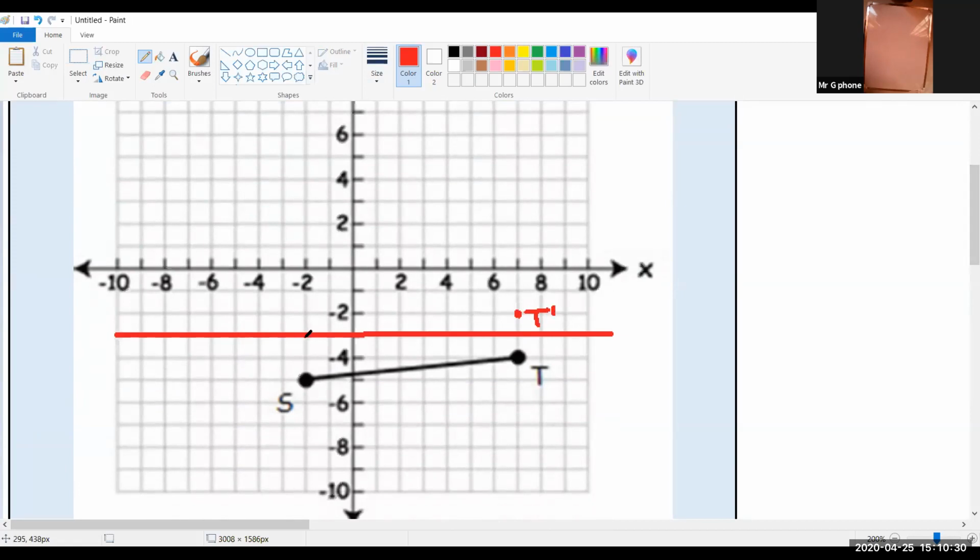And S is 2 blocks away. So 2 blocks away is right here. So that means that S1 is right there. So let's draw our new line. And that's it.